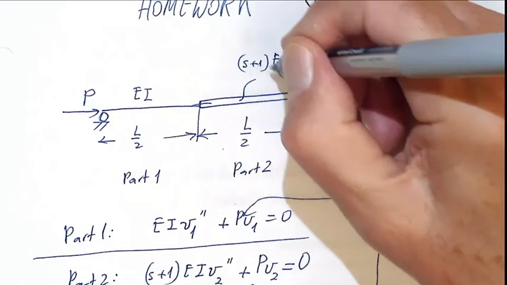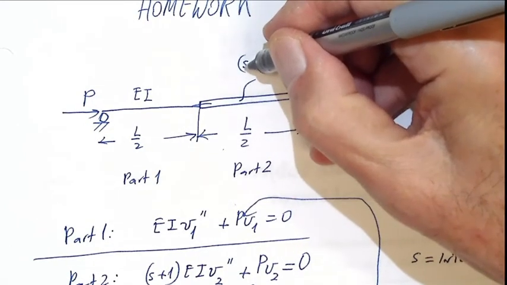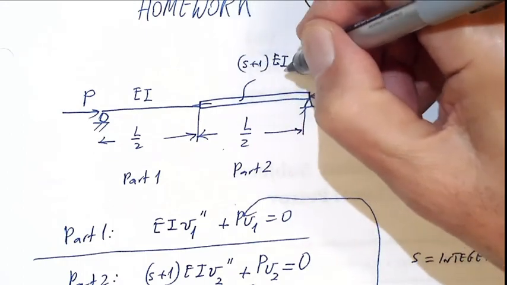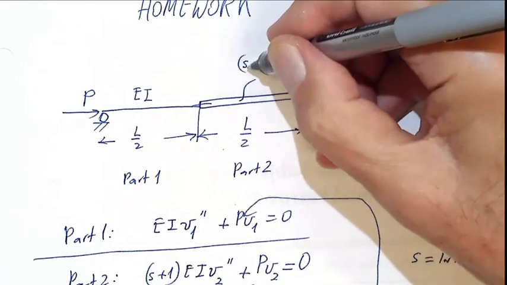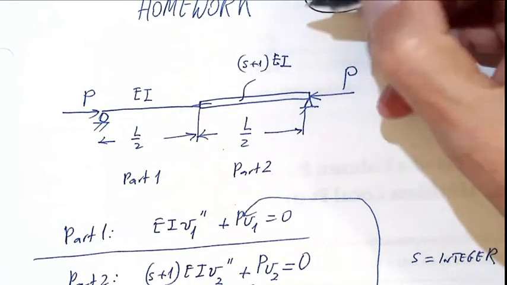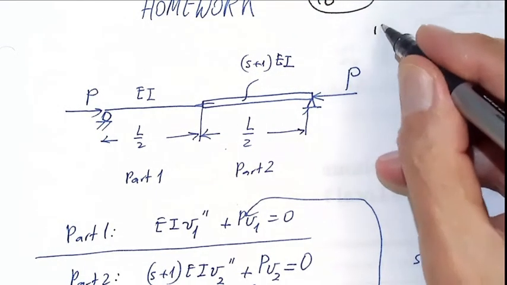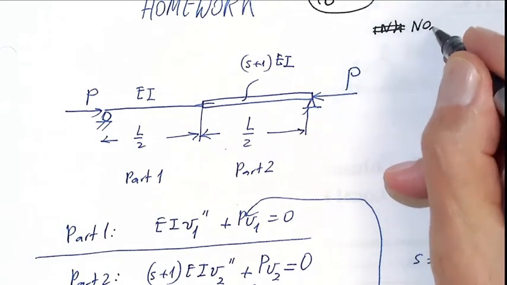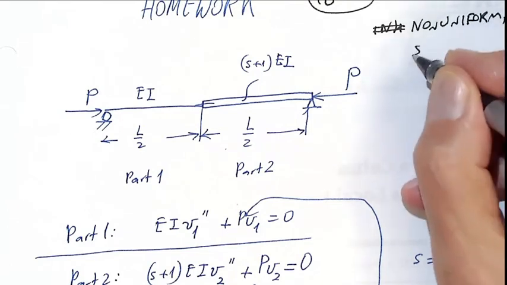Therefore, I chose S plus 1. So if some student is number 36, here will be 36 plus 1, which is 37 EI. And student number 1 would get 1 plus 1 equals 2 times EI. So every student got a non-uniform column. Stepped column.